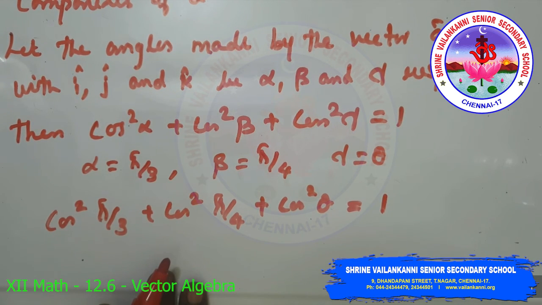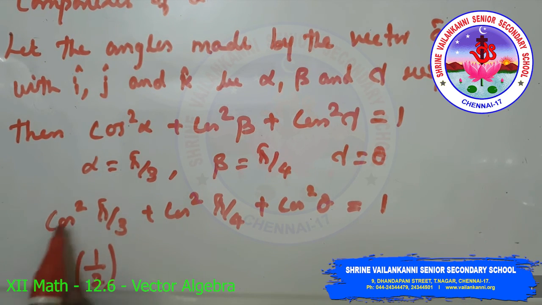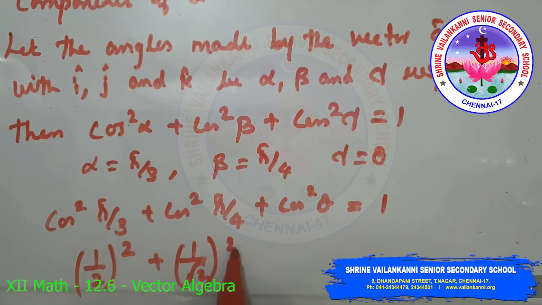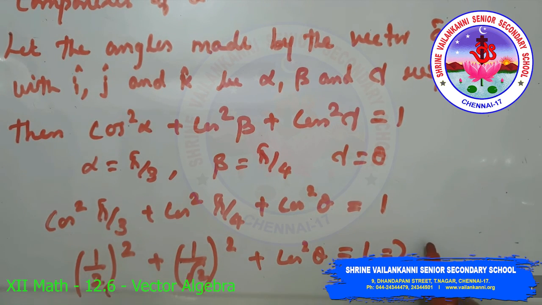Cos pi by 3, which is cos 60, which is half. Here it is cos square, so half square, plus cos pi by 4 is 1 by root 2, so 1 by root 2 whole square, plus cos square theta, which is equal to 1, which is 1 by 4 plus 1 by 2 plus cos square theta equal to 1.